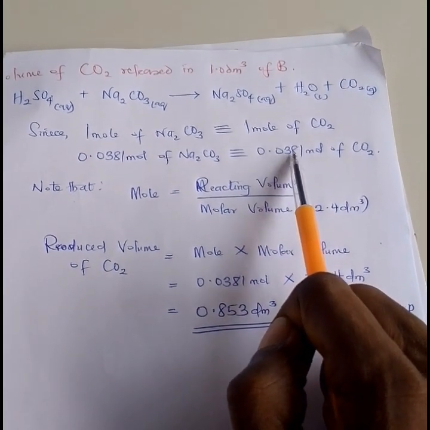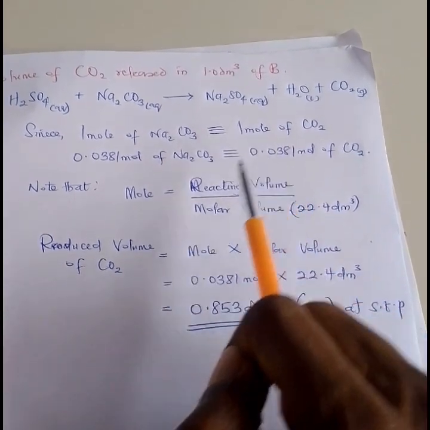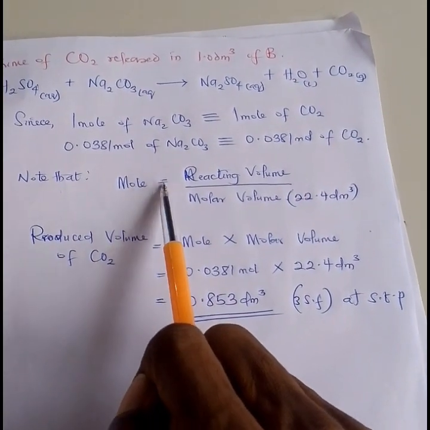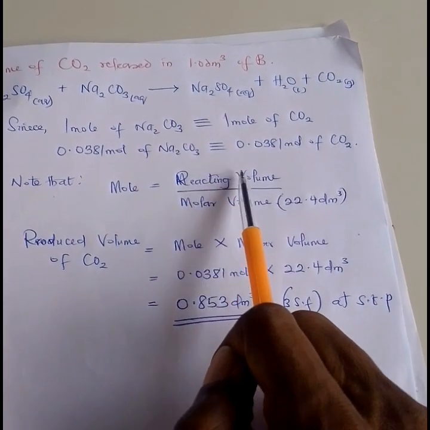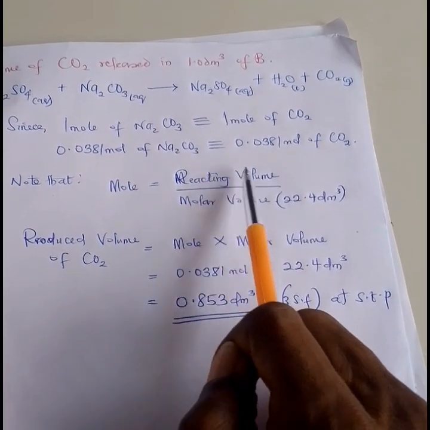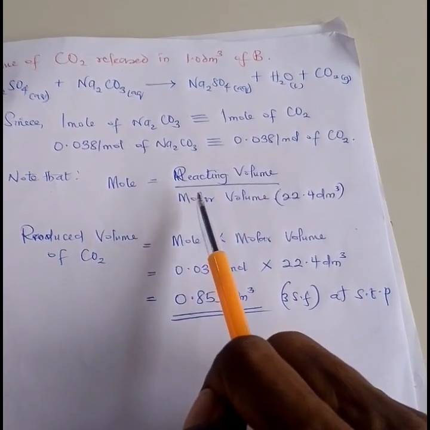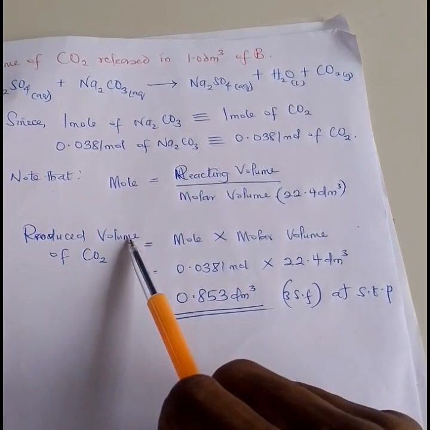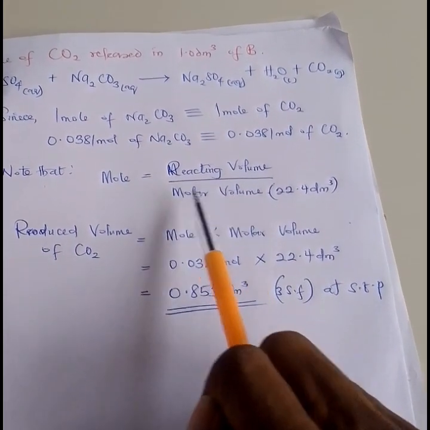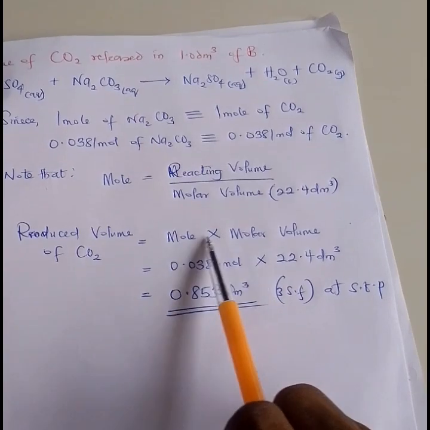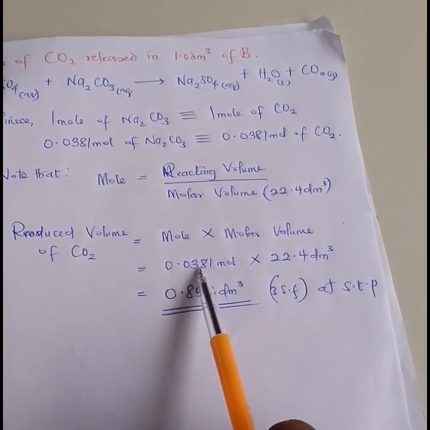So therefore, how can we now convert this mole to volume? There is a relationship that says mole is equal to the reacting volume. In this case, it's going to be the produced volume over the molar volume. So to calculate the produced volume of CO2, you cross multiply: mole times molar volume. The mole again is 0.0381.